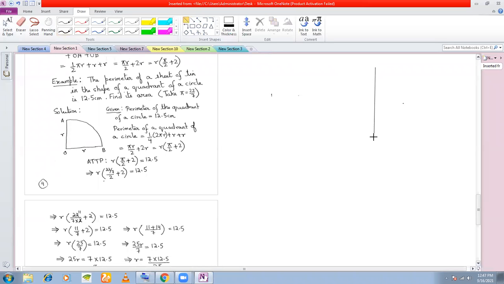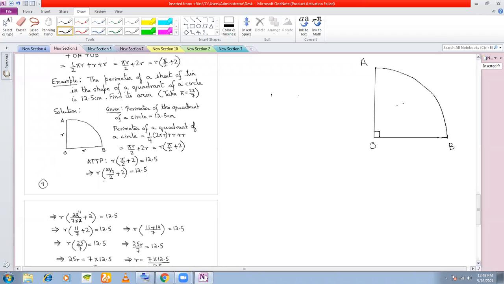Let's draw a rough quadrant. It's a rough quadrant. This is a sheet of tin. Okay. Now the perimeter of this tin is given to you. How much is the perimeter given? 12.5.